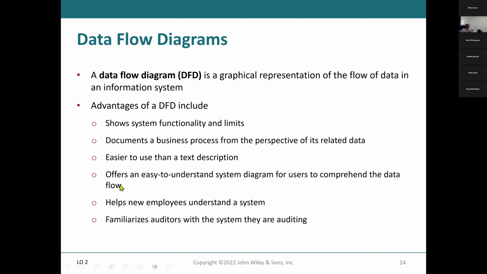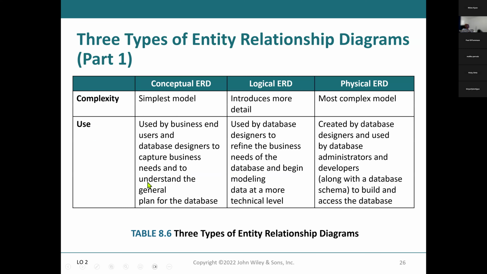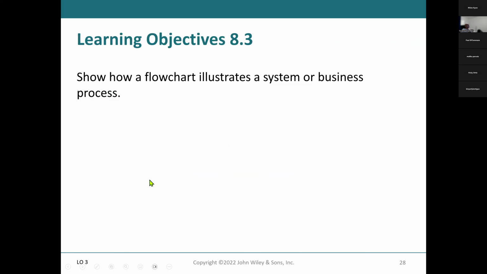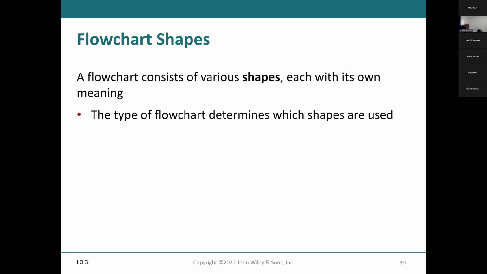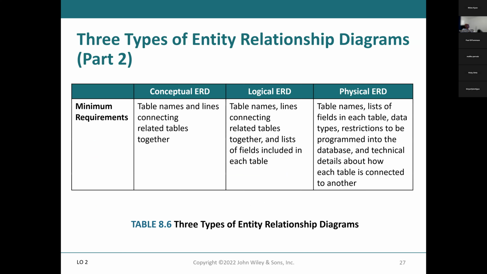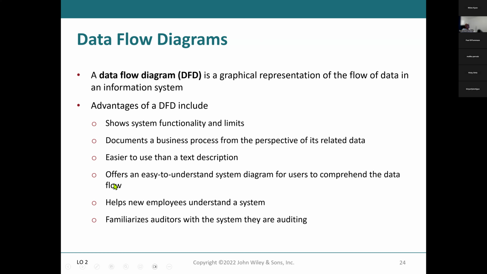And let me bring something up so it's a little bit easier for you to understand. We do not have an example of data flow here. I'll have to check in the book, or I will get something on the web. So let's leave this alone for just a minute.